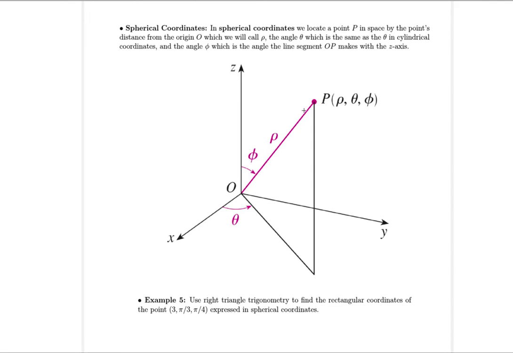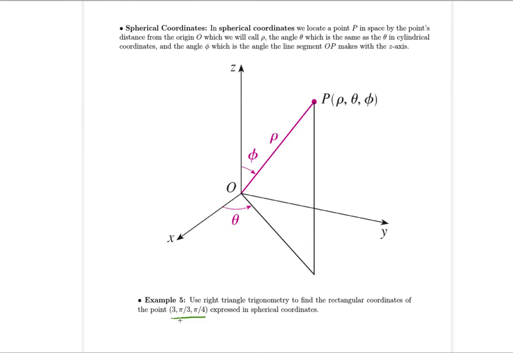That's spherical coordinates. So what I want to do is, instead of just giving you the way to convert between rectangular coordinates and spherical coordinates, I want you to try to figure out for yourself how to express this point right down here in rectangular coordinates.